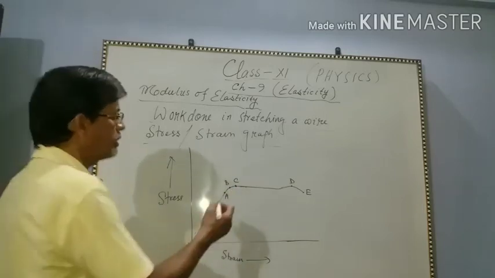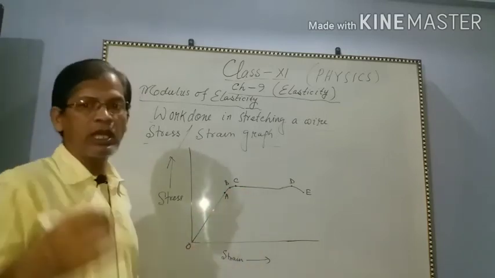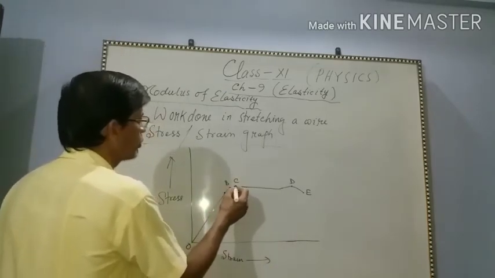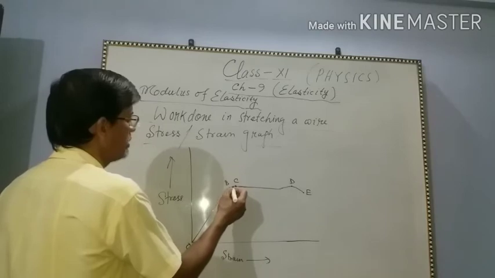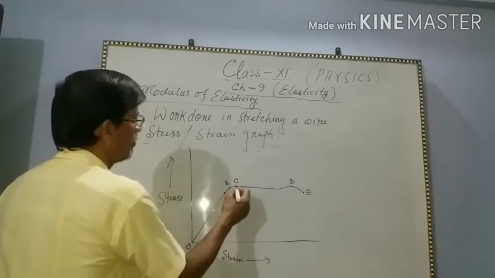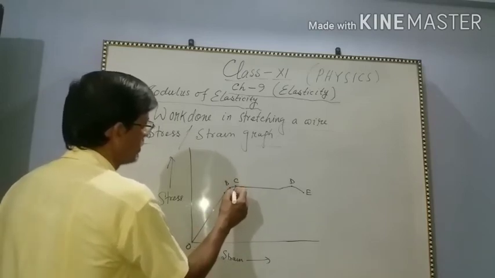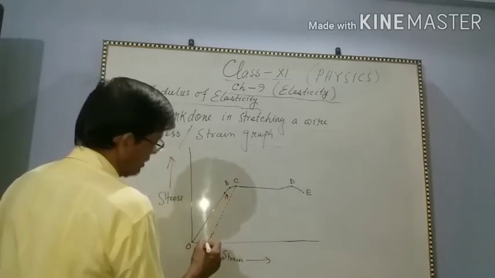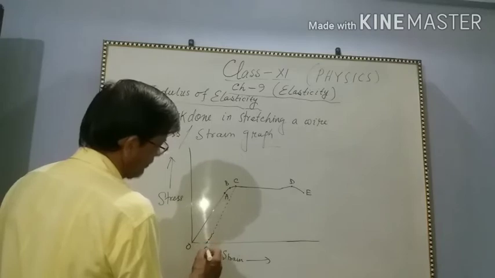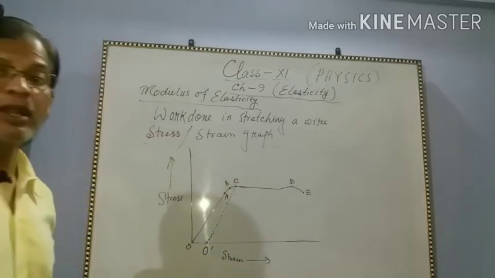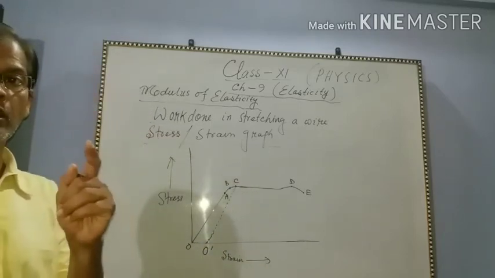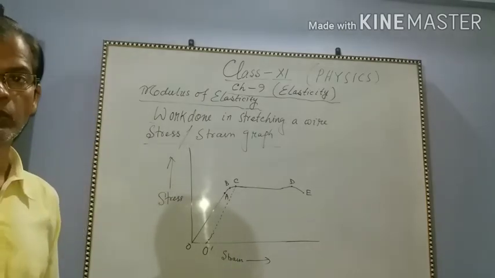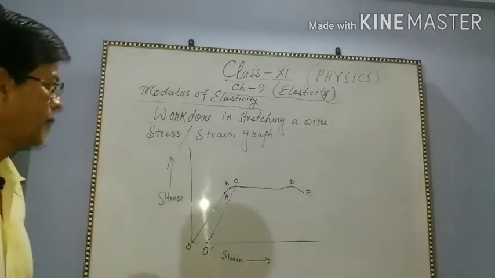And after point C, if the load is unloaded, then the graph will not follow the path CBAO, but it will follow a different path. O dash is called the permanent set. That means the wire is permanently extended a small amount.